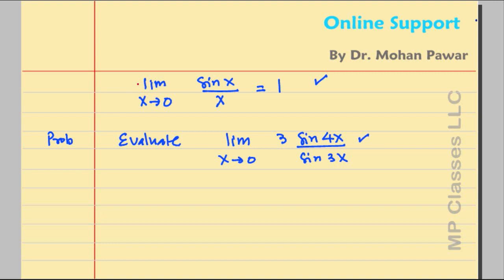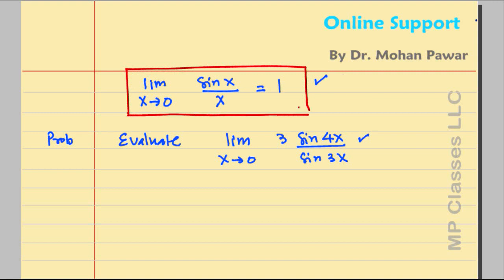I am going to change the ink here. This limit, and we would try to find out the easiest way to convert this to look like this. So we look at the given fact, which is x tends to 0.